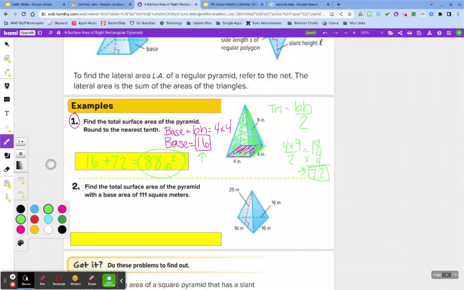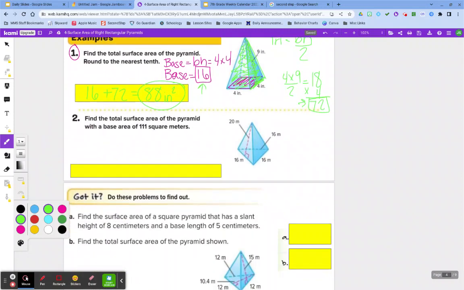So now let's look at the next one. Find the total surface area of the pyramid with a base area of 111 square meters. So we don't actually have to solve what the bottom is equal to this time. It goes ahead and tells us that it is equal to 111. So the base is 111. So now we need to find the area of the sides, which is a triangular shape.